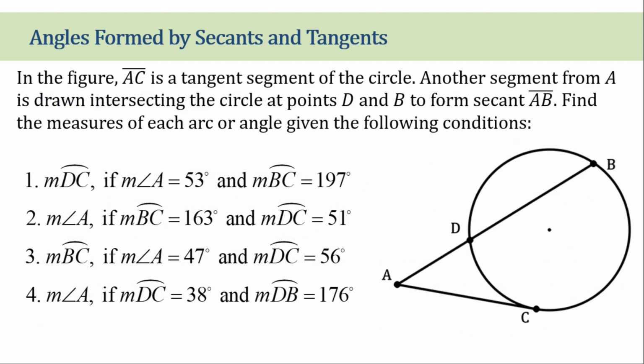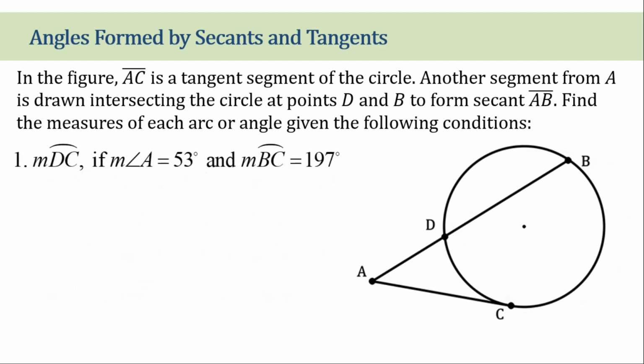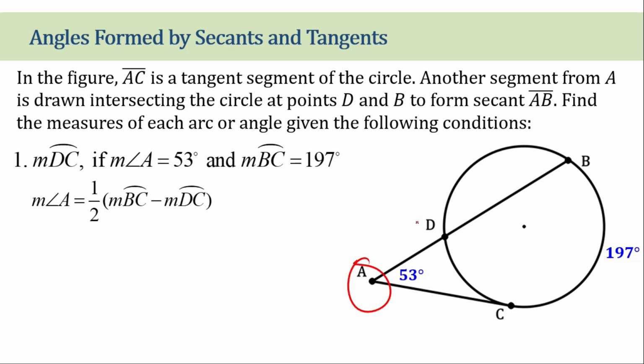So let's answer the following questions. Let's start with number 1. Find the measurement of arc DC. So if angle A is 53 and the measure of arc BC is 197, again let's have the formula or the equation for this. The measurement of this angle is equivalent to one half of this minus this.